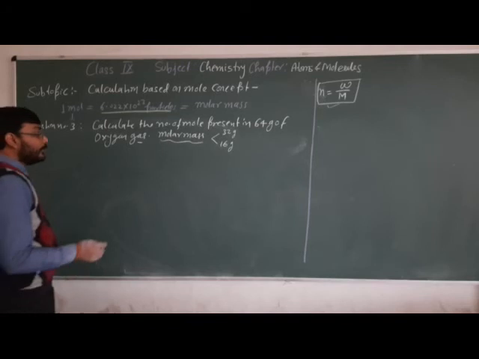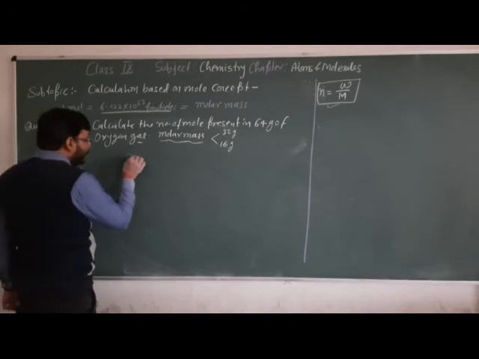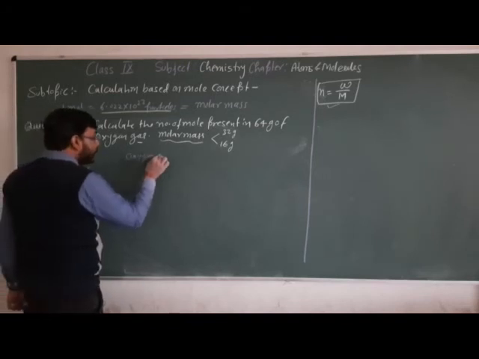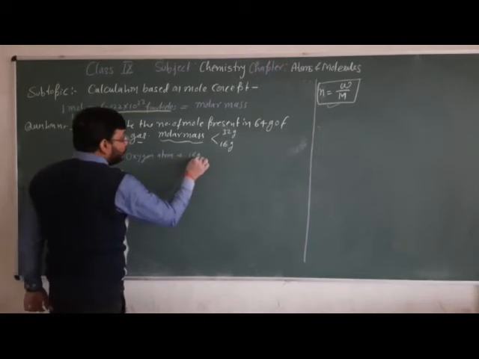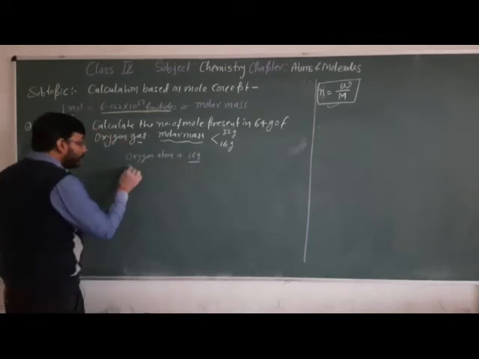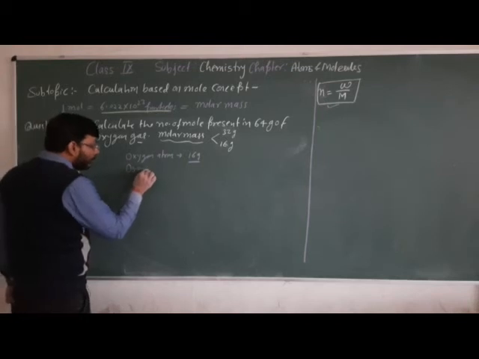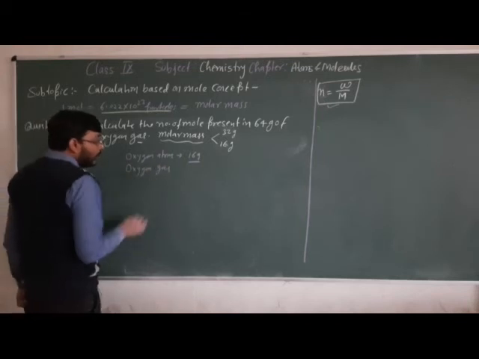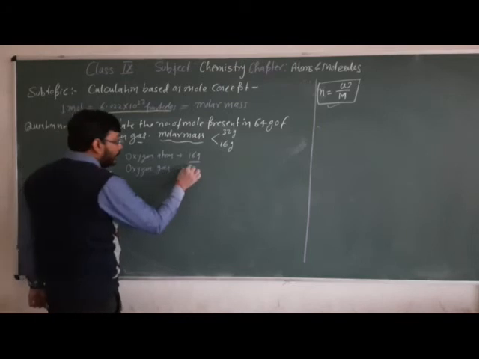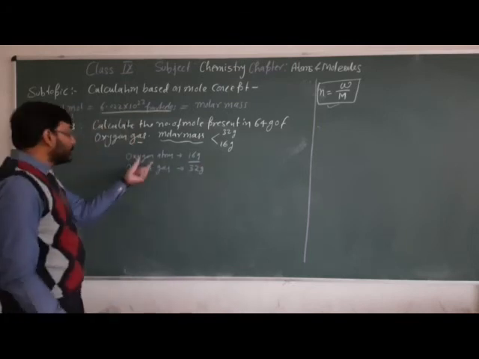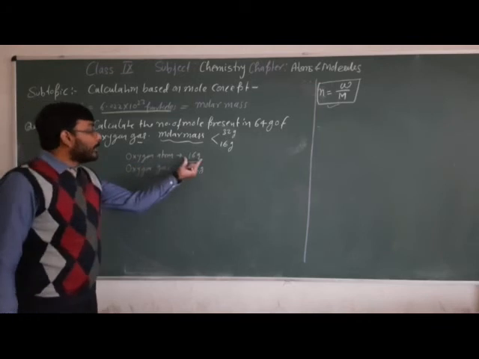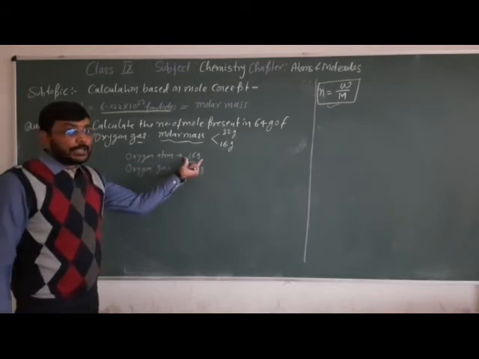One point I tell you: if oxygen atom is given, then you take 16 gram. But if the question is about oxygen gas or oxygen molecule, then you need to take 32 gram as the molar mass. Because for the oxygen atom, the mass of 1 mole is 16 gram.